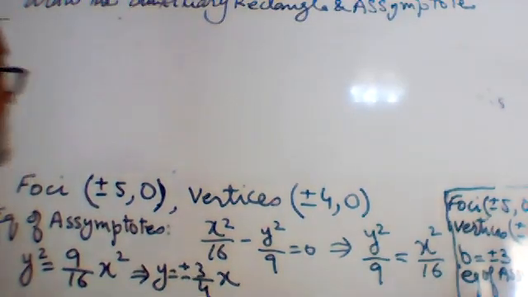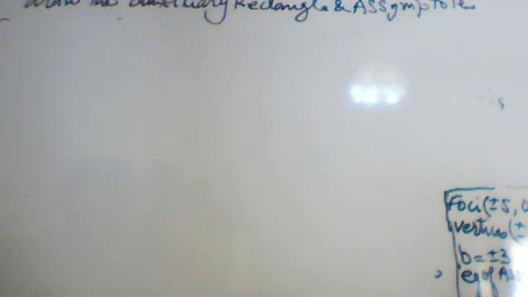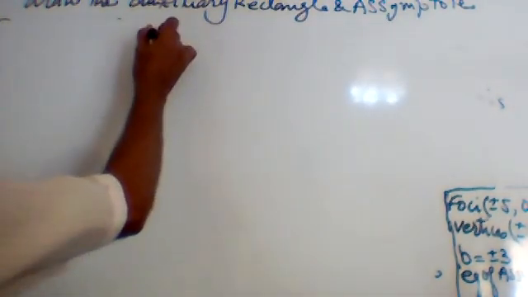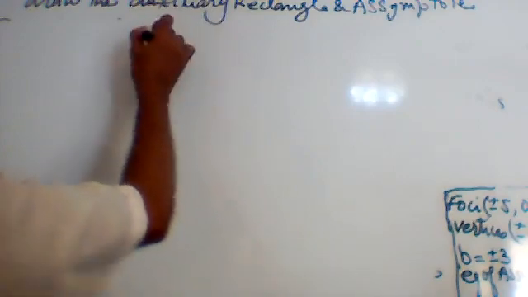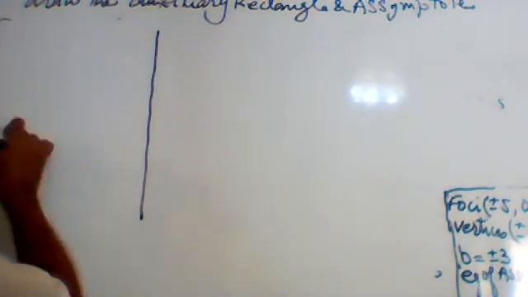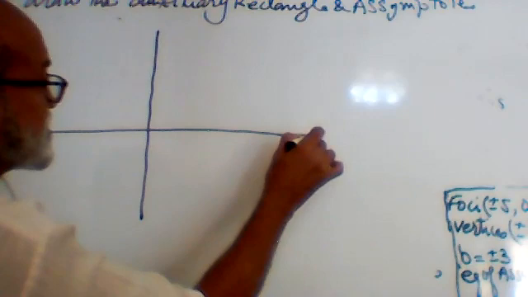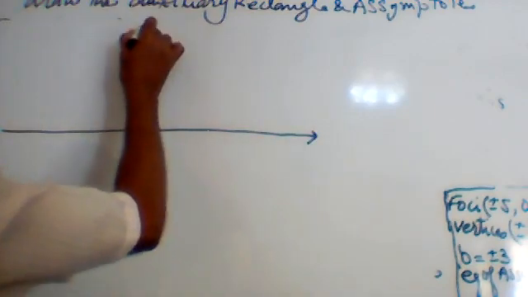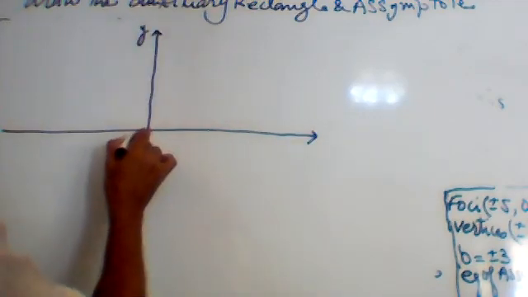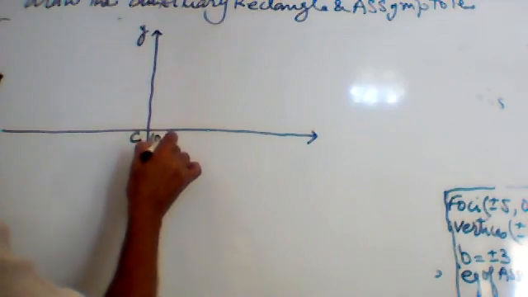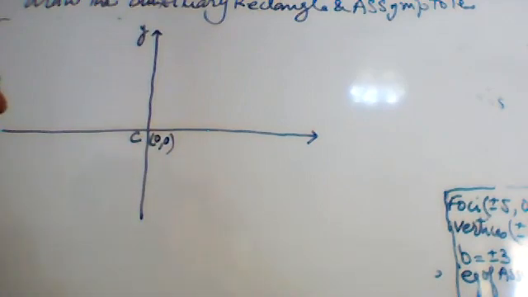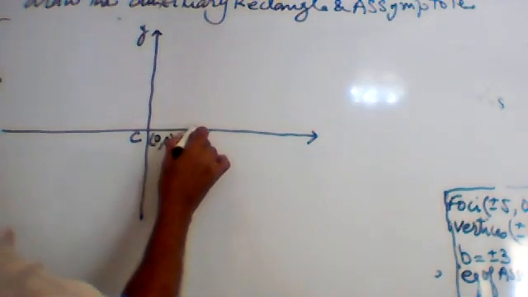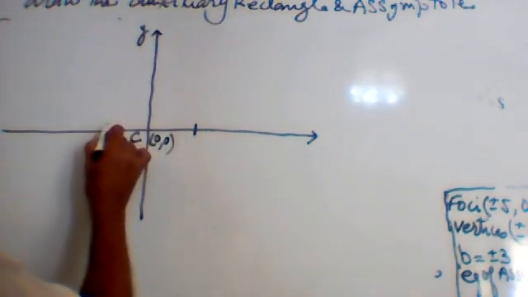Okay, I'm drawing over there. The transverse axis was the x-axis. This is the center, 0, 0. Vertex was plus minus 4. This is one vertex, this is the other vertex.